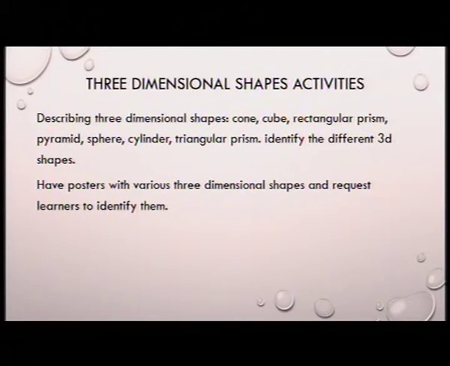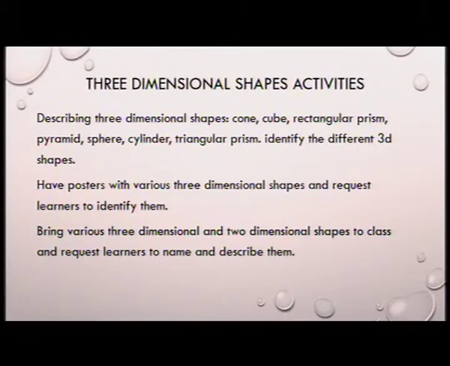For example, if you have the different shapes labelled A, B, C, D, E, F, and so on, you tell the learners that they must now extract or write down only those ones that they think are 3-dimensional. Then the learners must write it on a worksheet, on a separate book, and so on. These are the 3-dimensional shapes.